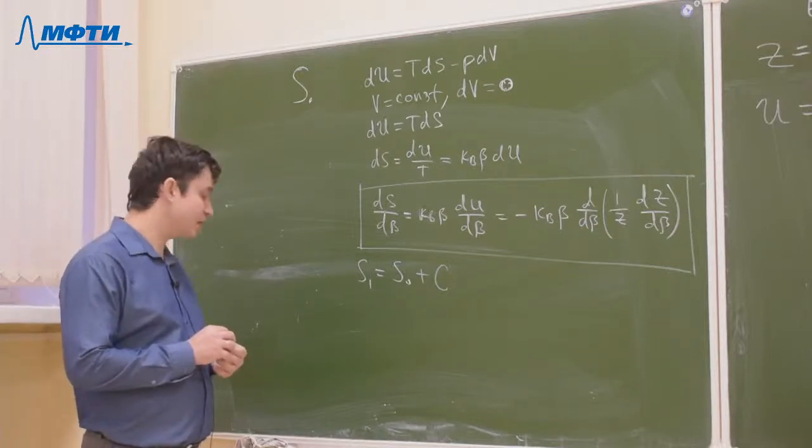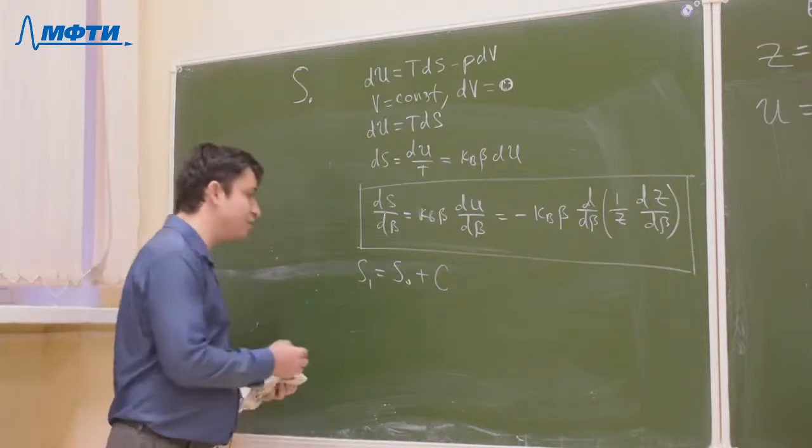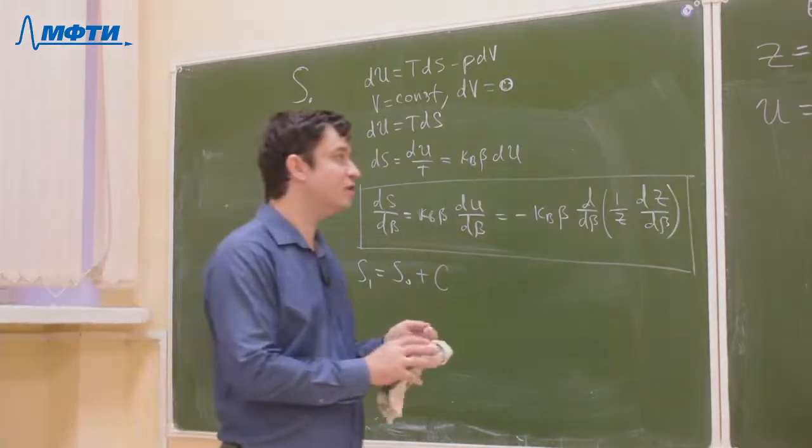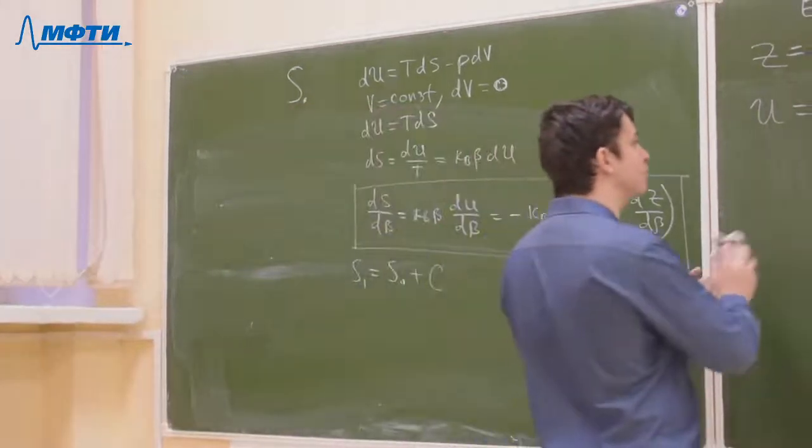this statement, which allows you to choose this constant in a certain way, is called the third law of thermodynamics.